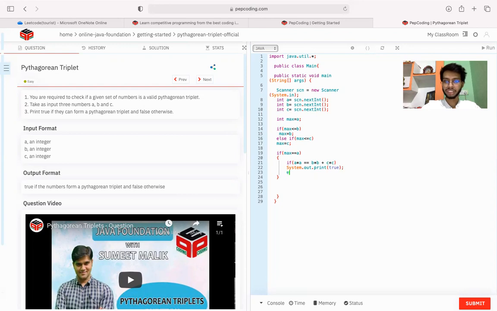Else, if this condition doesn't work, I need to print false. You must be wondering why I'm printing false here. Because if my max value is a, but the triplet doesn't form a valid triplet, meaning h square is not equal to b square plus c square, then I need to print false. That's why I'm printing false.